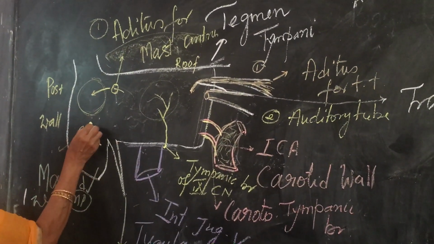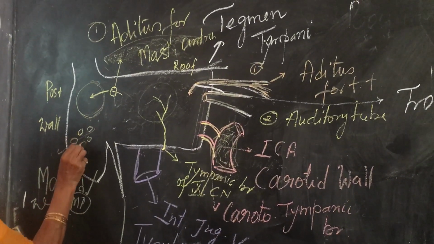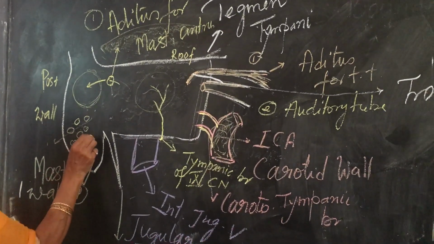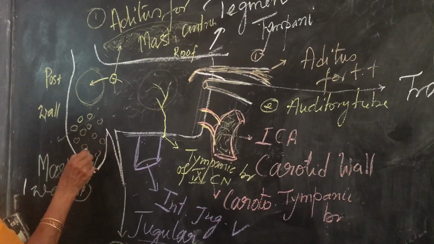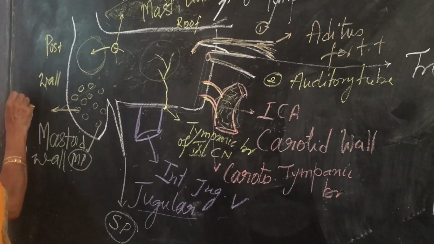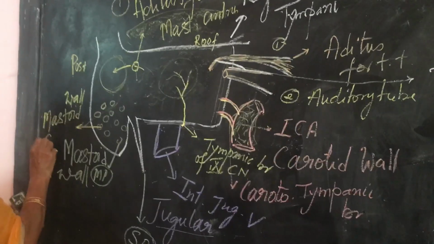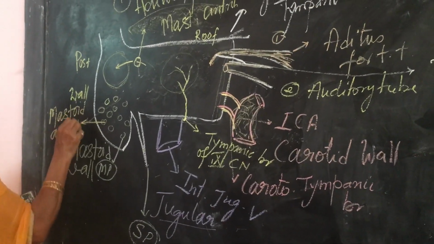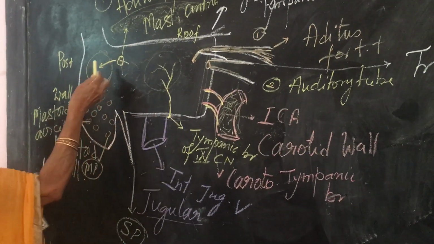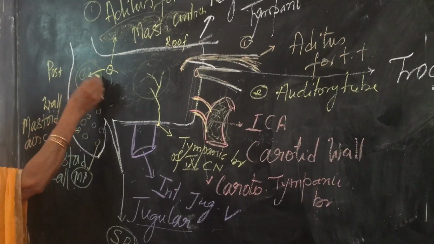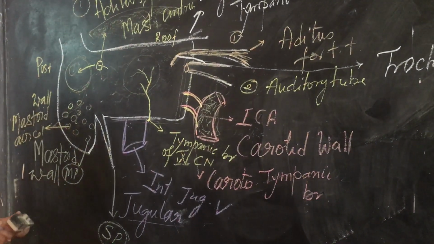Beneath, inferiorly, you find small air-filled spaces in the mastoid process. You call them mastoid air cells. So the tympanic cavity posteriorly communicates with, number 1, the mastoid antrum and the mastoid air cells.